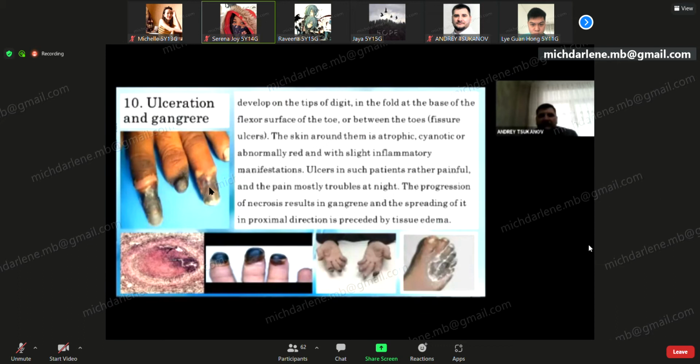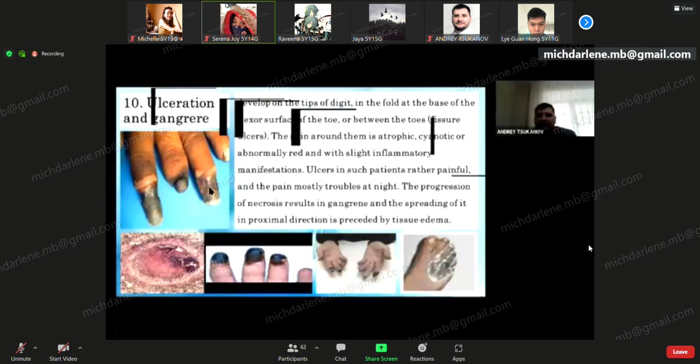Ulceration and gangrene develop on the tips of the digits, in the fold at the base of the toes, and between the toes, as a vicious ulcer. Seen around it, the skin is atrophic, cyanotic, or abnormally red with slight inflammatory manifestations.